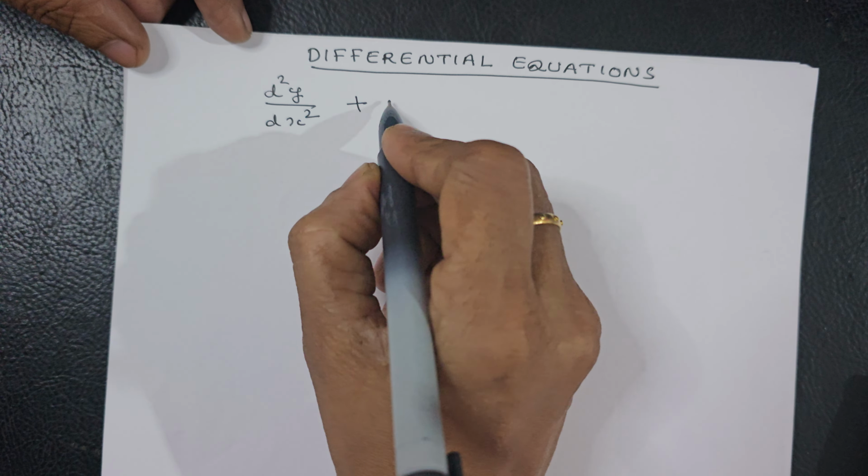What is the difference? The general solution of a differential equation is the solution involving arbitrary constants. The number of arbitrary constants is equal to the order of the differential equation.